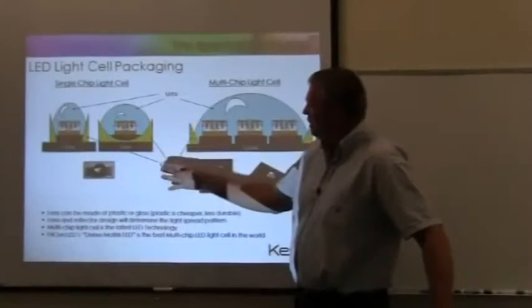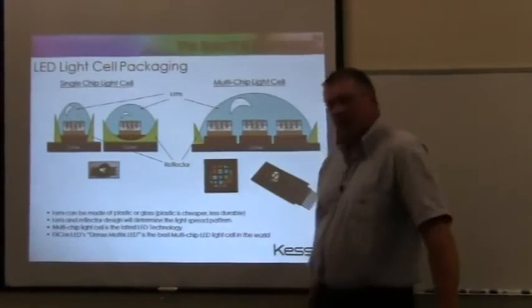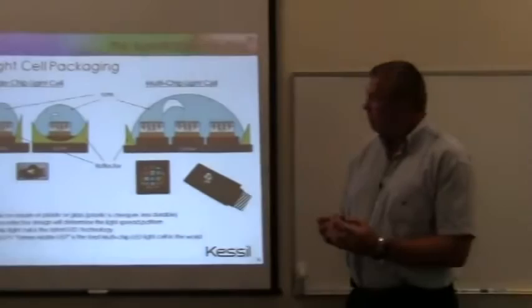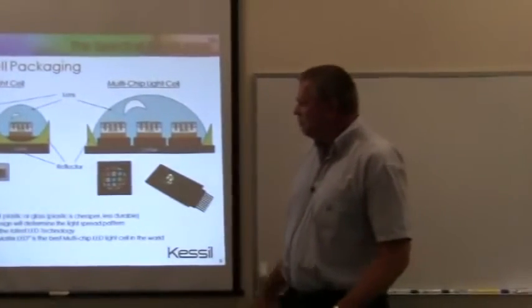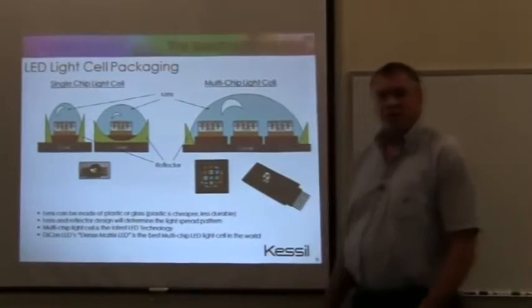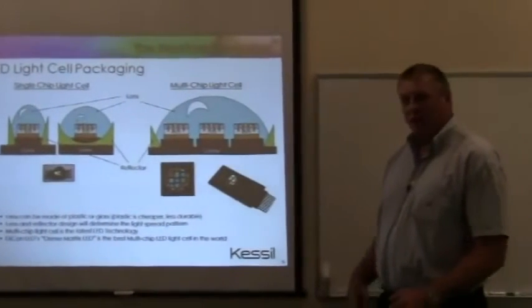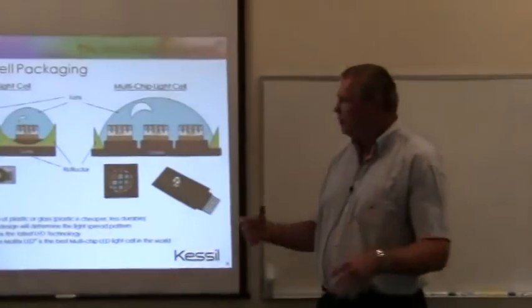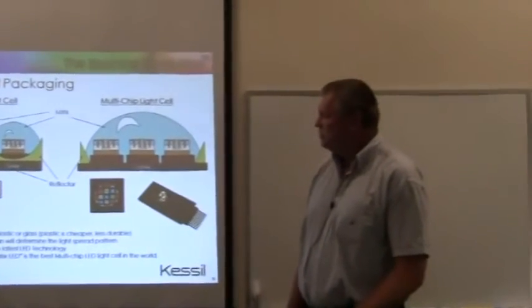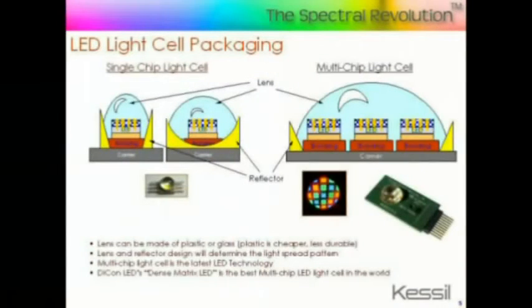And a fairly simple lens will be mounted on top to both provide some focusing of the light as well as to seal the bare chip from the outside elements. For cost reasons, this lens is typically made of a plastic material. And one of the disadvantages of that is that over time, over many hours and even some years of use, you can get yellowing or darkening of that plastic lens material, leading to a loss of light output.